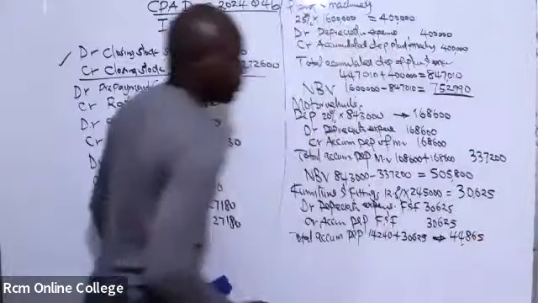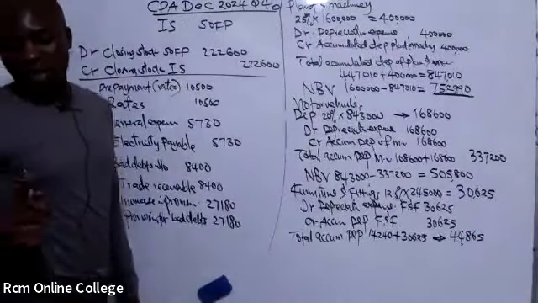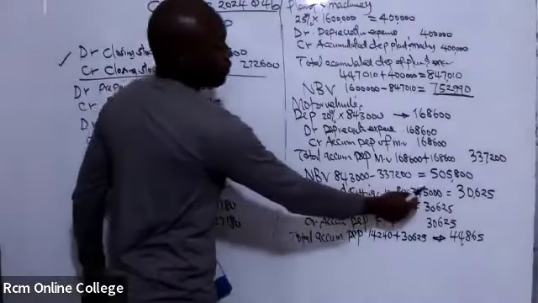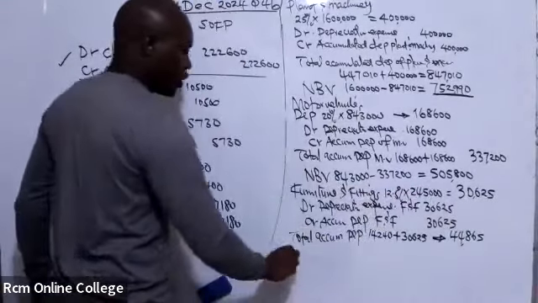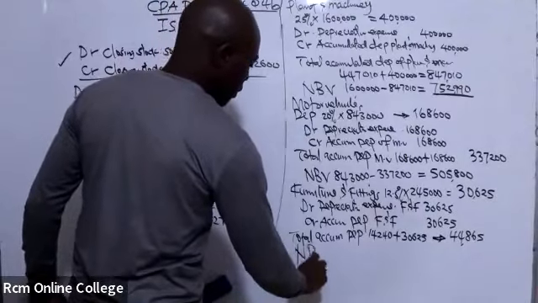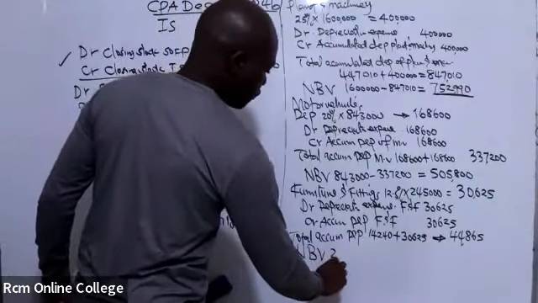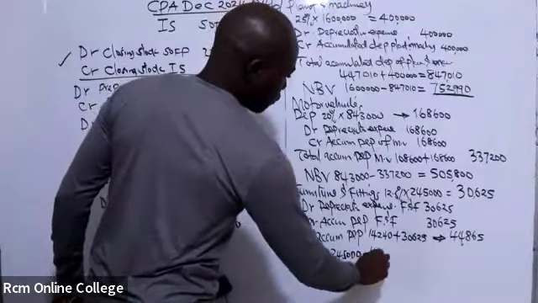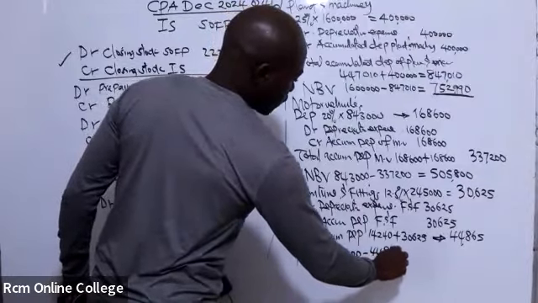44,865. Good. With the total accumulated depreciation and the cost of our furniture, which is 245,000, are we able to get the net book value? Net book value is equal to 245,000 minus 44,865.